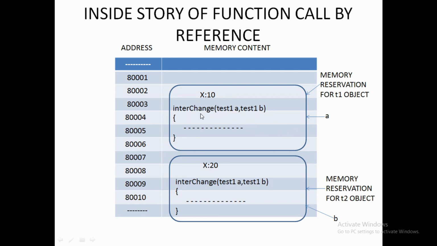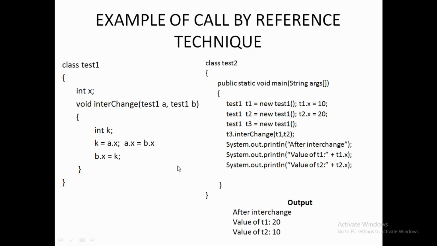So whenever the interchange function call occurs, A starts pointing to the memory location where T1 is pointing, and B starts pointing to the memory location where T2 is pointing. As A and B point to the same memory locations as T1 and T2 respectively, any change made by A and B will affect T1 and T2. This is what happened.